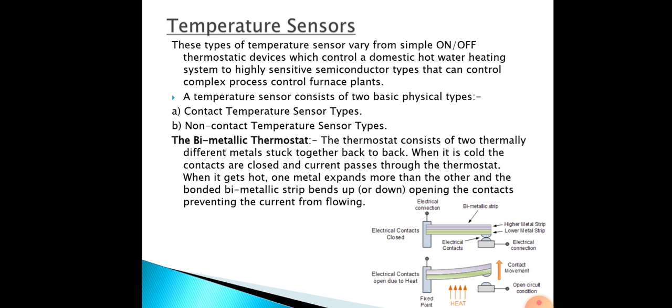When heat is applied to the bimetallic strip, one metal expands more than the other and the bonded strip bends. In the second diagram, the strip bends and opens, so the current will not flow. Like this it will be working.